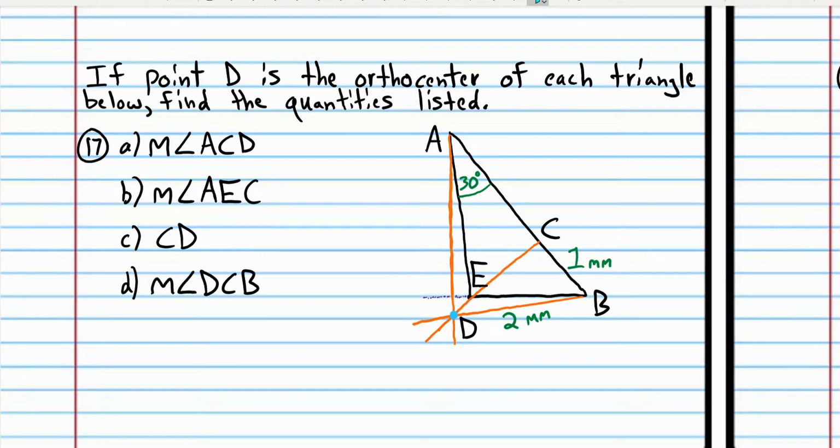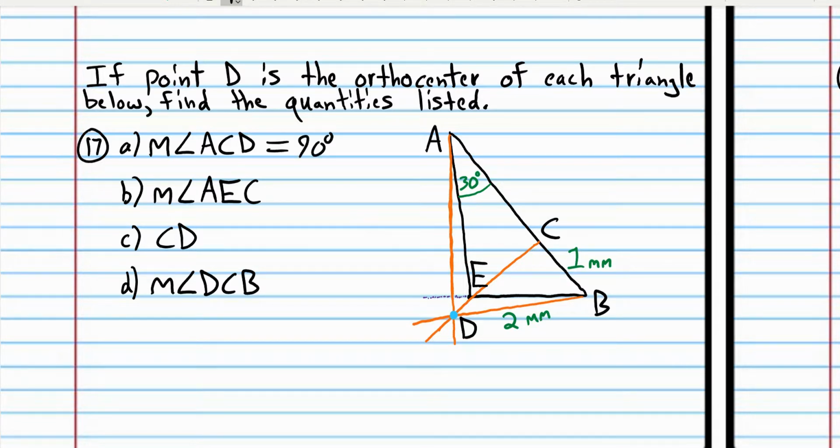So because it's going through the orthocenter and a vertex, that means that this angle here must be 90 degrees. Because that must be a segment containing the altitude, because the altitudes always go through the orthocenter and they always go through a corner of the triangle, and they're always perpendicular to the side opposite that corner. So this angle must be 90 degrees. So the measure of ACD is 90 degrees.